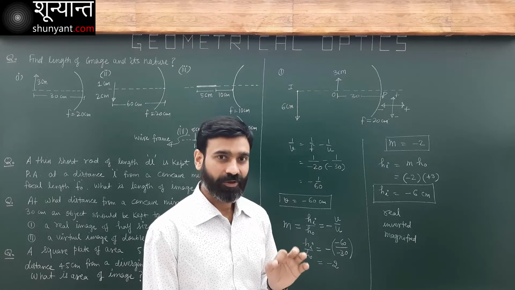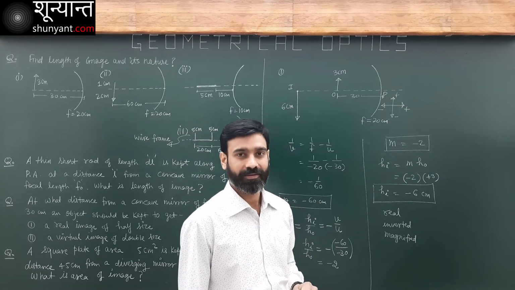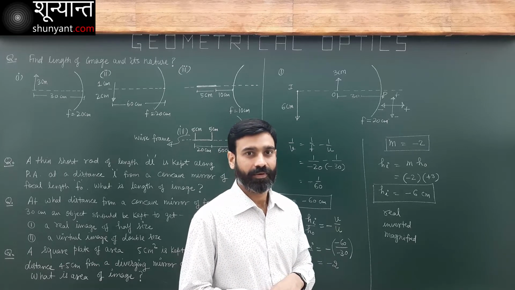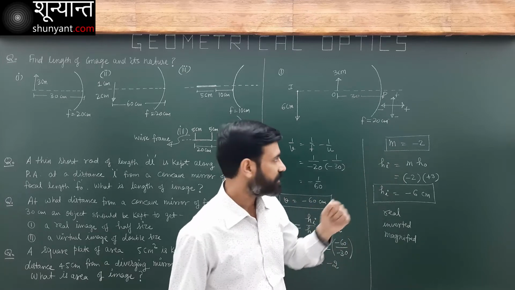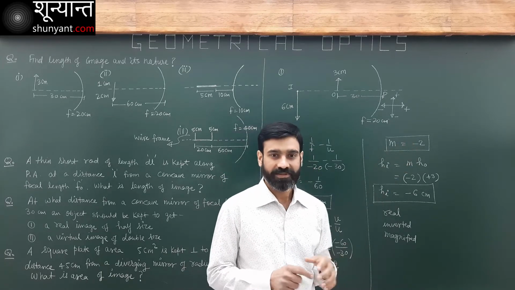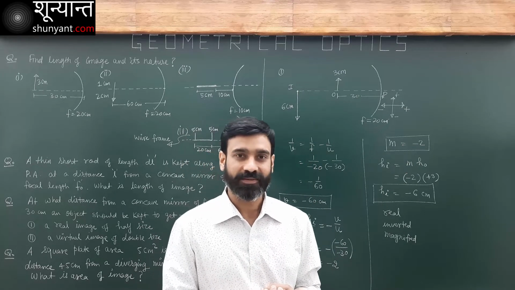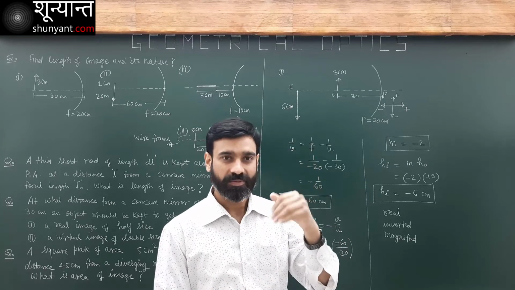Magnification can be positive or negative. If the magnification is positive, I am going to get an erect image. What is the meaning of erect image? If object is above principal axis, image is also above principal axis.